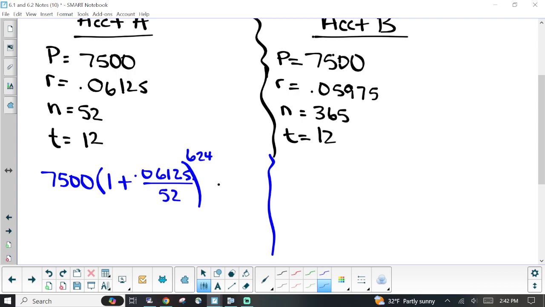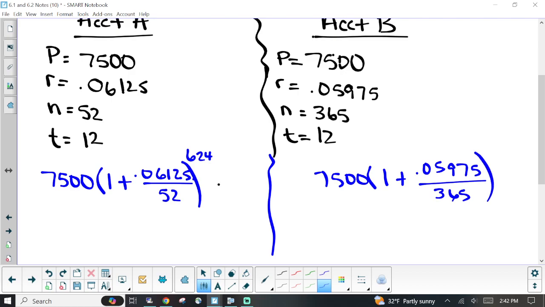The other one, I'm going to plug the same amount of information in, but again, my rate and my n are going to be different. 1 plus 0.05975 divided by n.